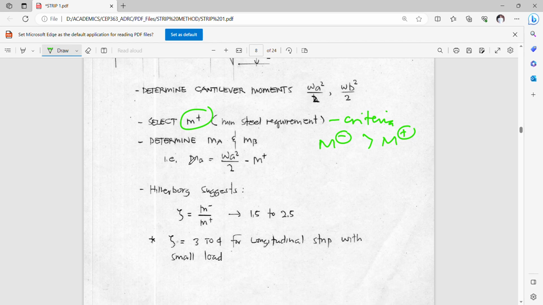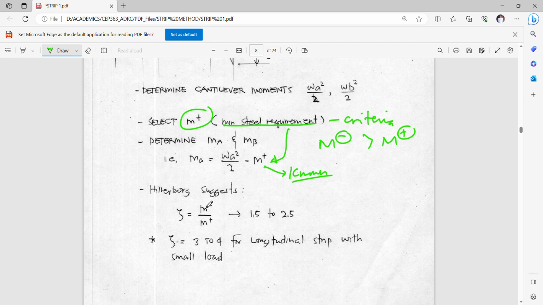Okay, so you determine MA and MB. These are the negative moments on the basis of the static cantilever moment equivalent minus the M positive coming from the minimum steel requirement here. Okay, so this M positive here is simply a known value based on the steel reinforcement.